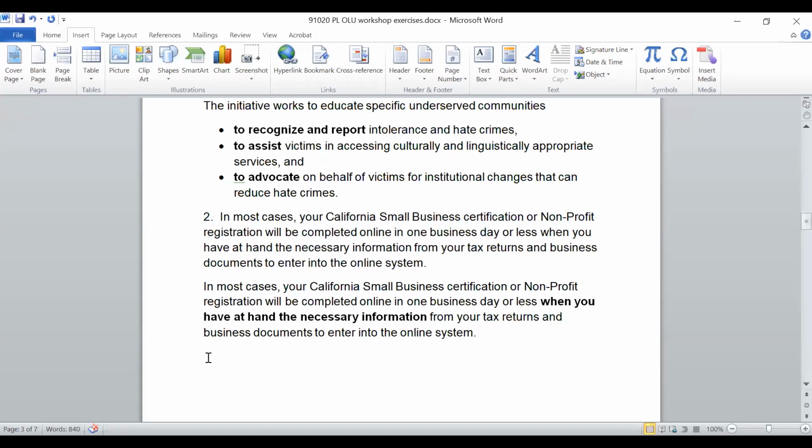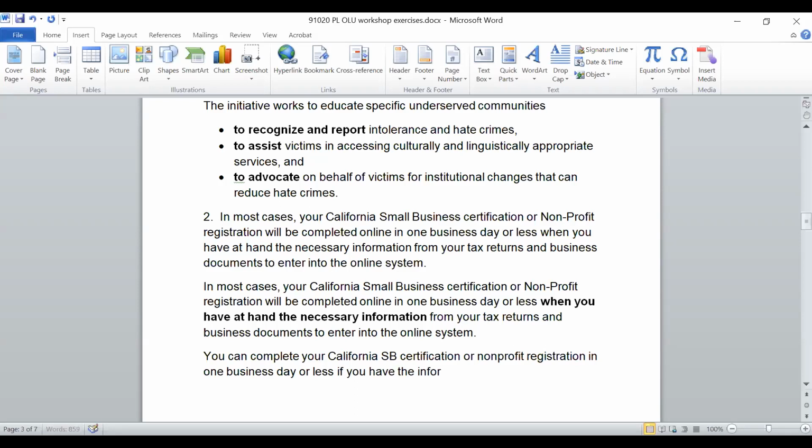But trying to be positive on this: You can complete your California Small Biz Certification or nonprofit registration in 1 business day or less, if you have the information you need from your tax returns and business documents at hand to enter into the online system.